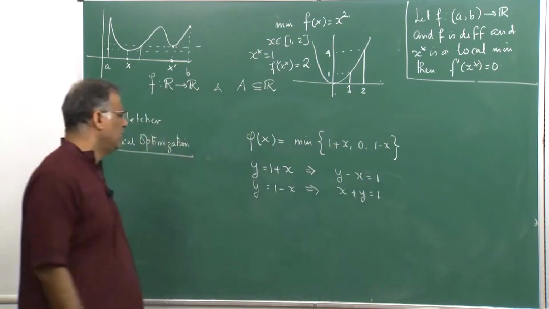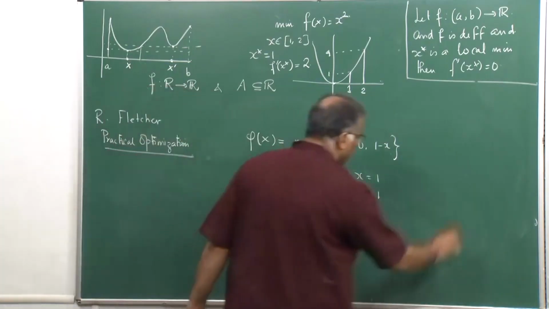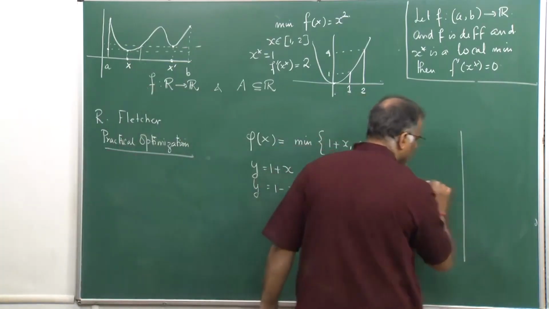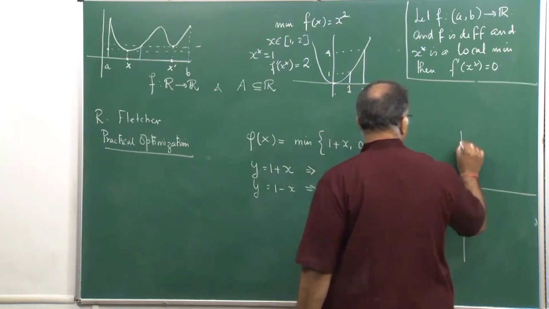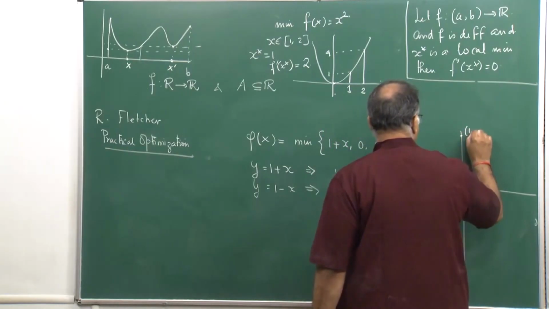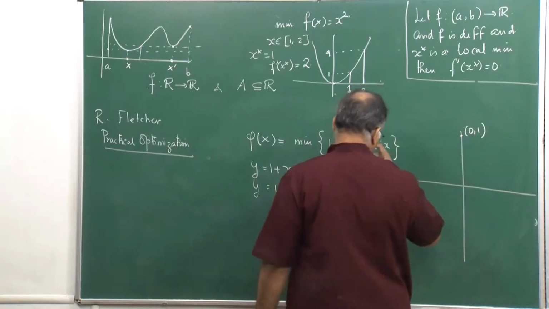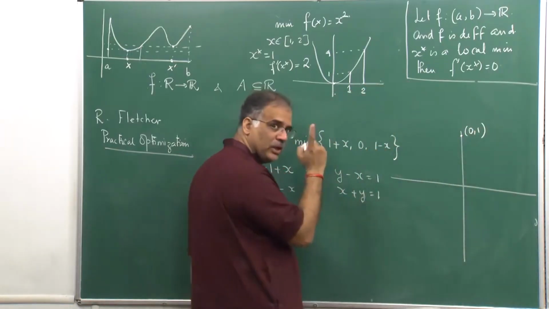So if you draw the graph, let us first draw the graph. These 2 lines would both pass through 0, 1, because when x is 0, in both cases y is 1.